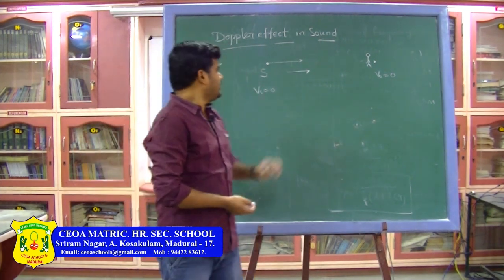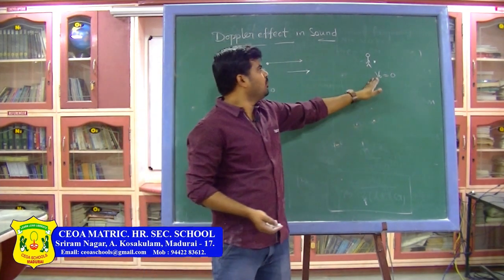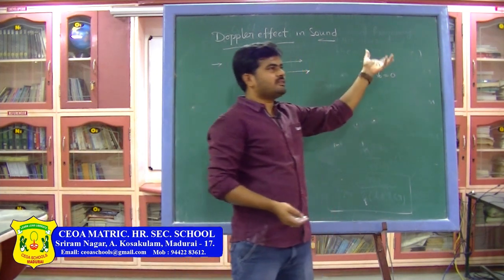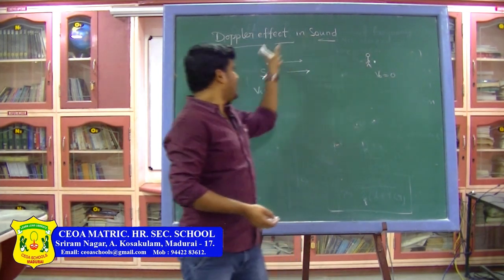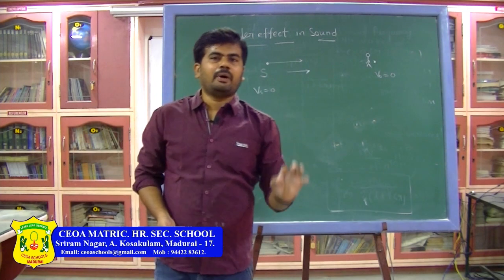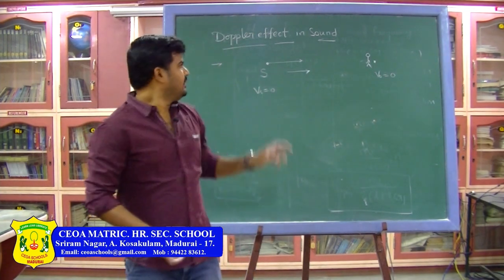And the other case is also possible: if the source is at rest and the observer is moving towards the source or away from the source, the frequency received by the observer will be different compared to the actual frequency of the source. Remember, it is an apparent change, which is not actually happening.